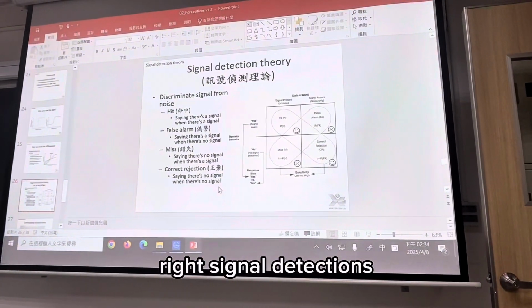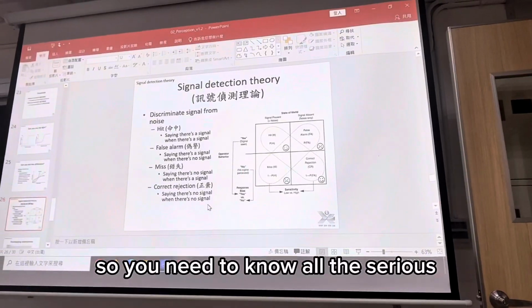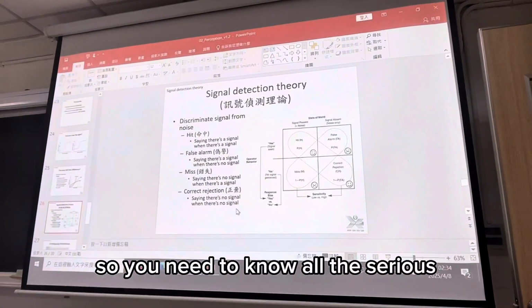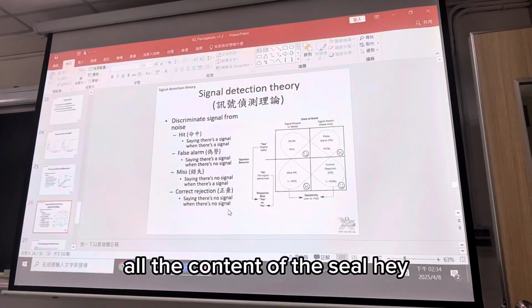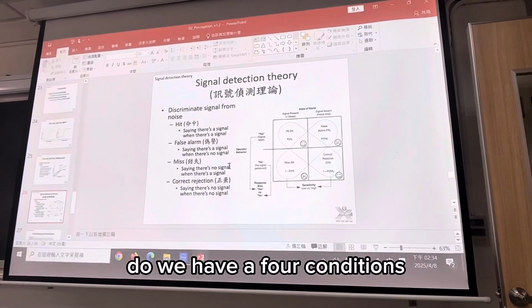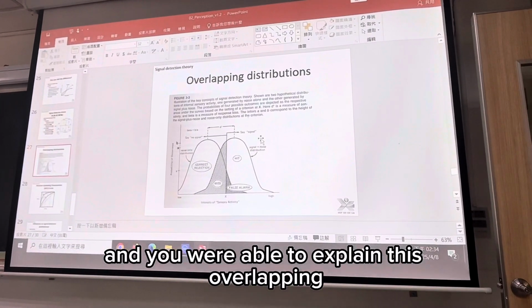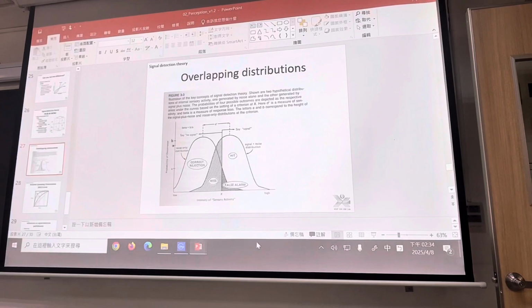Right, signal detection theory. So this is an important theory. So you need to know all the content of the theory. Okay. So we have 4 conditions, and you should be able to explain this overlapping distribution.